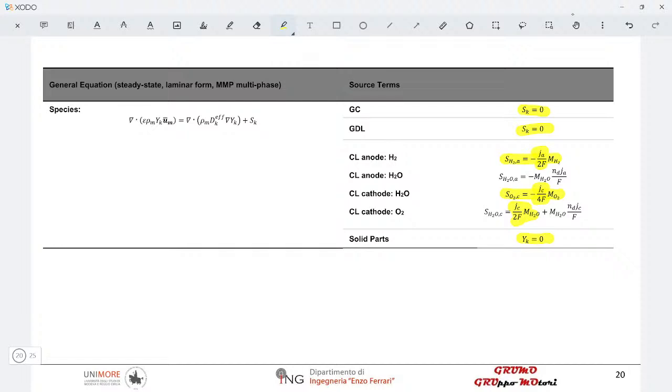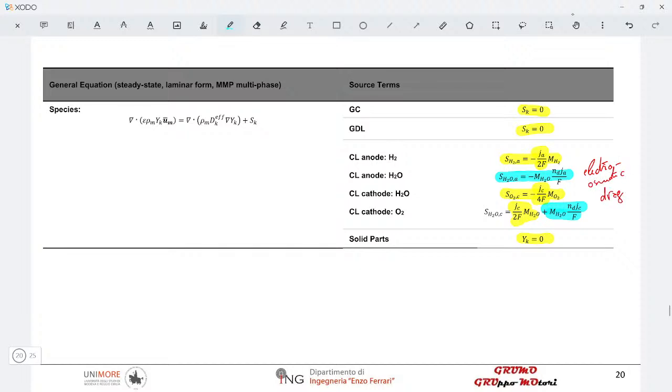But for water, we have a term at the anode. This is not related to electrochemistry. This is the adsorption in the membrane. And the same term with the opposite sign will be as an additional source term at the cathode. Again, this is due to the electrochemical, so it's also called electroosmotic drag.